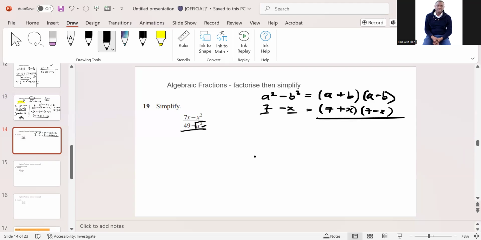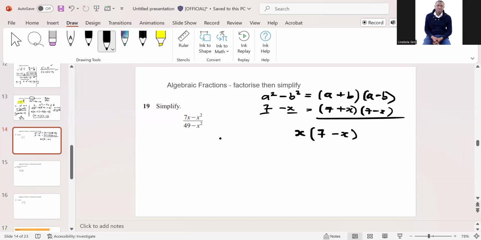My numerator, like I said in the beginning, is factorized by the highest common factor. So here, in the numerator, the highest common factor is literally x. If I put x outside, it will be that.